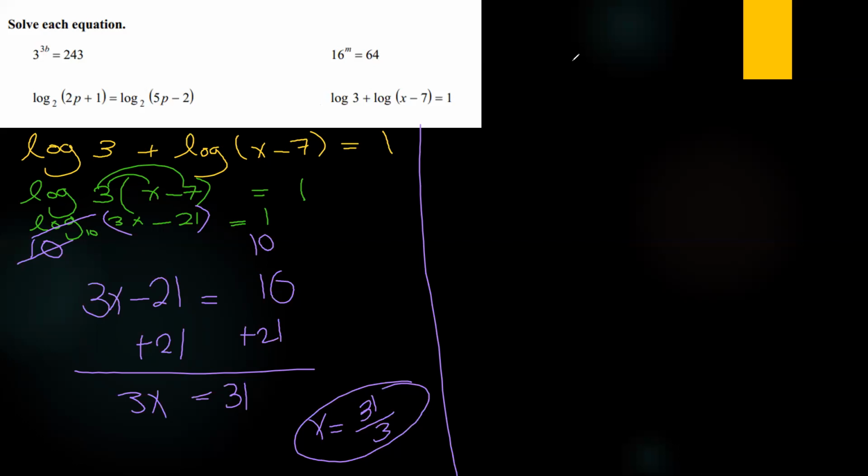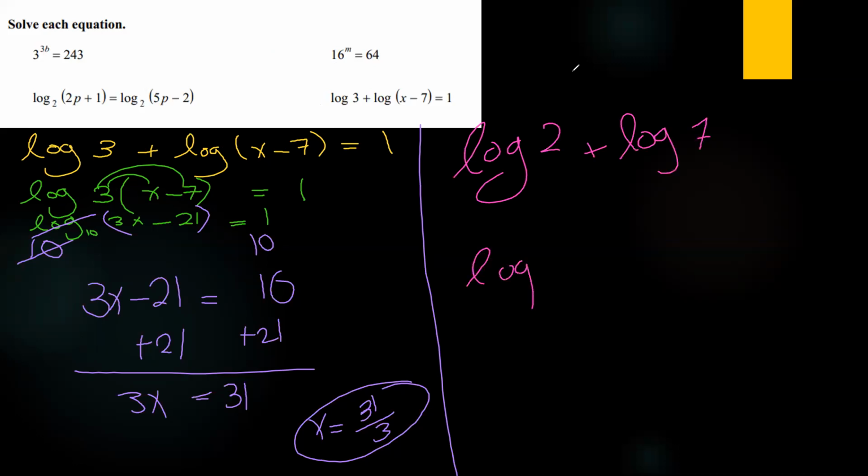Now here, be careful. If you have the logarithm of 2 plus logarithm of 7.